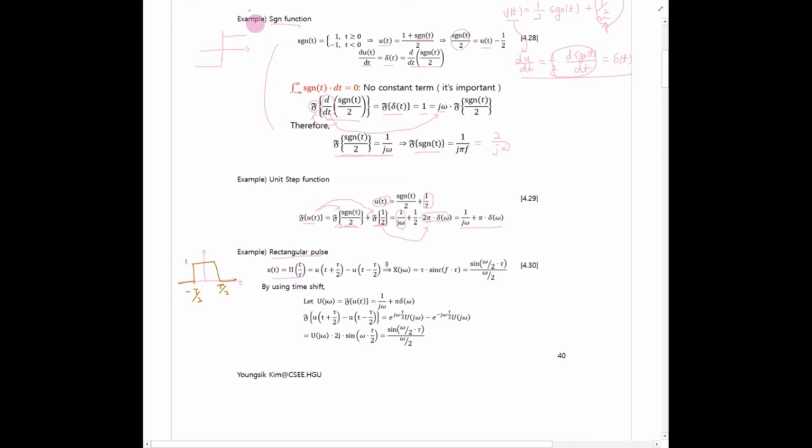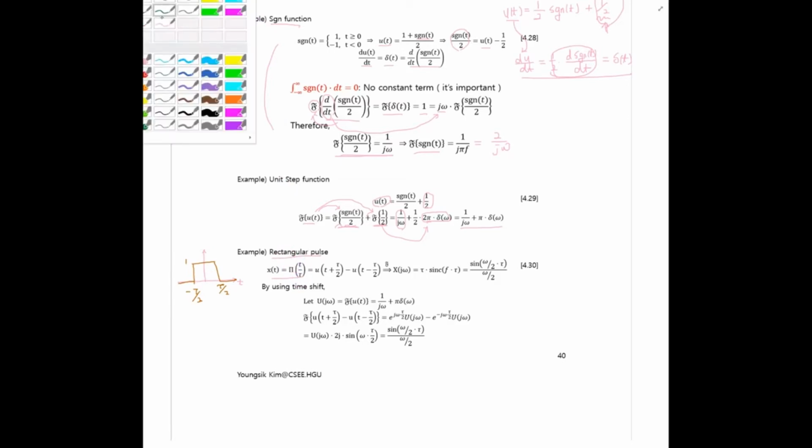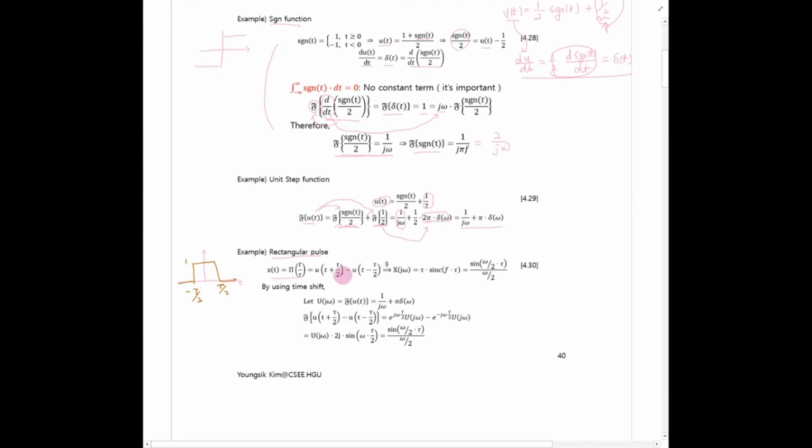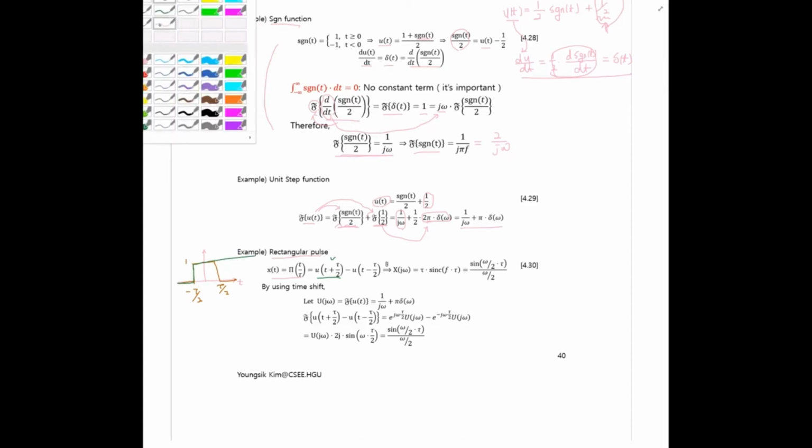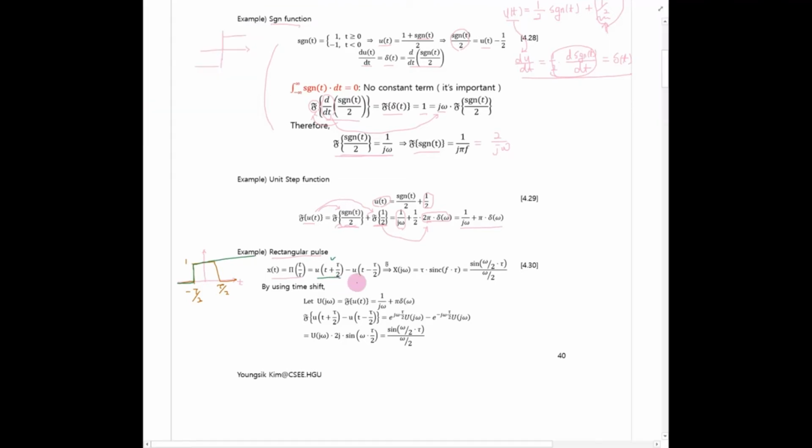The same function can be understood by use of the unit step. Look here, the unit step is shifted by minus tau over 2, so that is this curve. What about this one? Minus unit step of t minus tau over 2.